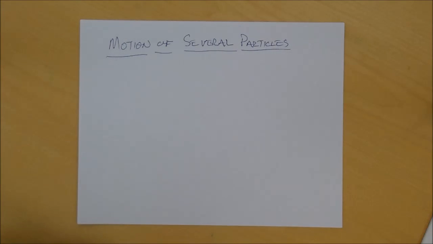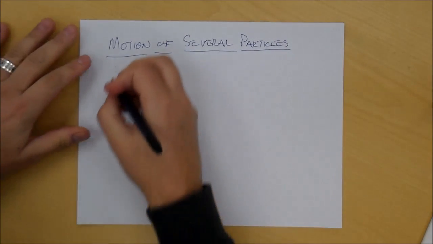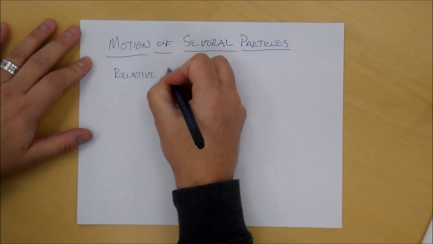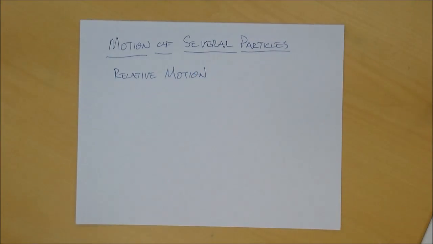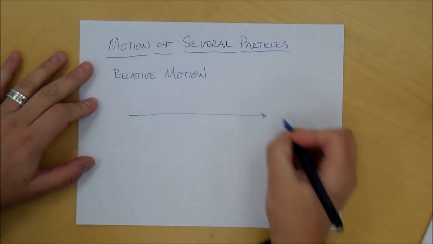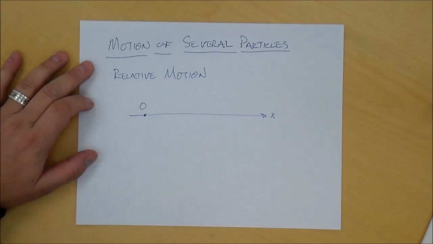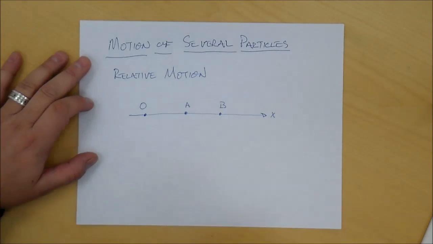Sometimes we're interested in describing the motion of more than one particle at the same time, still in the case of rectilinear motion. Let's begin with the example of relative motion. Suppose we have two particles moving along the same line. So if this is my coordinate system, x, positive to the right, here's my origin O, and I have a particle A here and a particle B here.